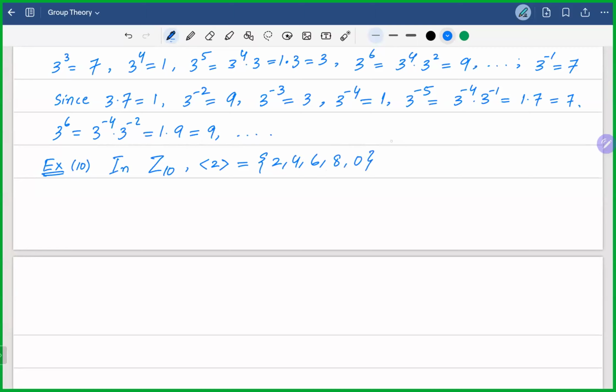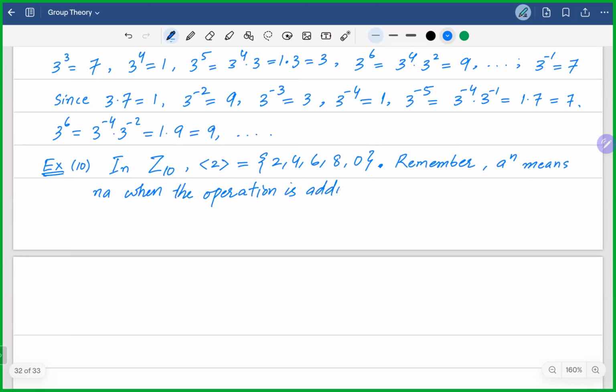Now remember, a power n means n times a when the operation is addition.